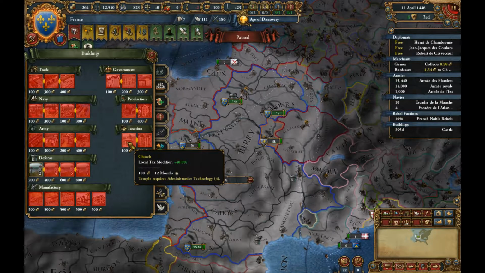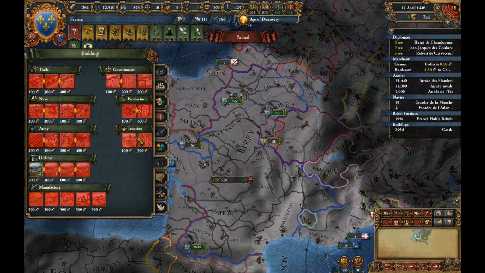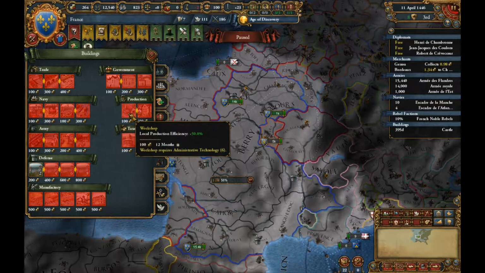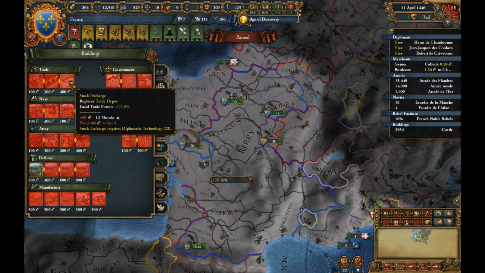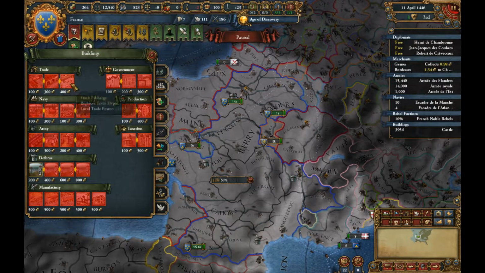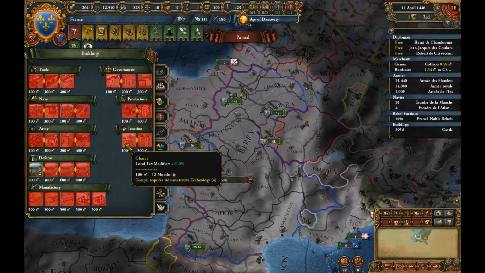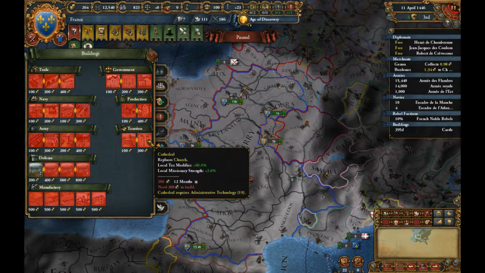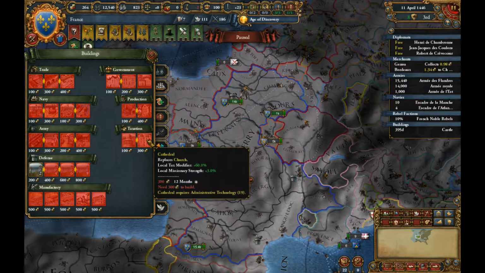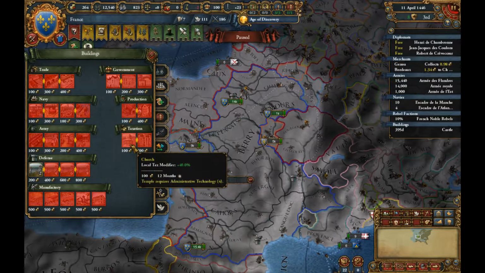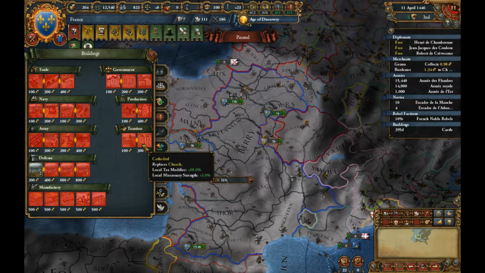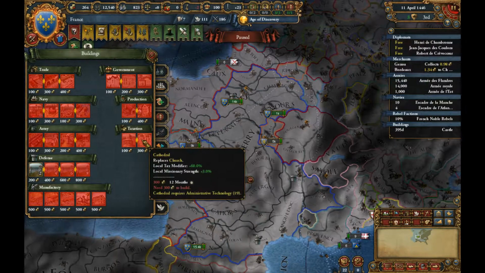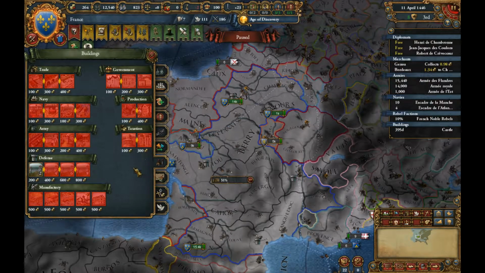It will raise your tax income from, for example, Paris, because it raises the modifiers. And for production efficiency, it's the workshop. For trade power, it's the marketplace and so on. If you have a church built in, for example, Paris, and you get administrative technology 19 and get the cathedral, you can simply make a cathedral out of a church, and you get a higher modifier. This is quite cool.